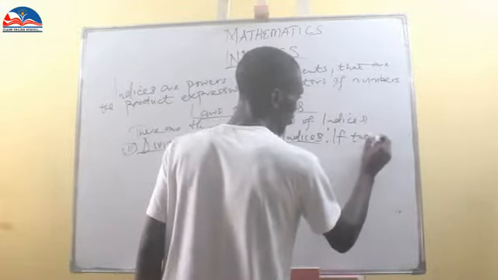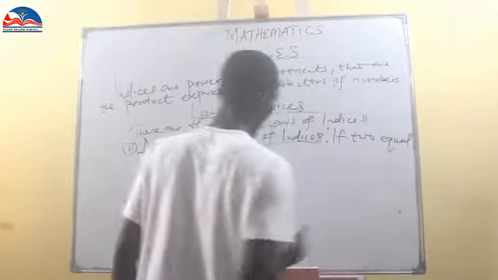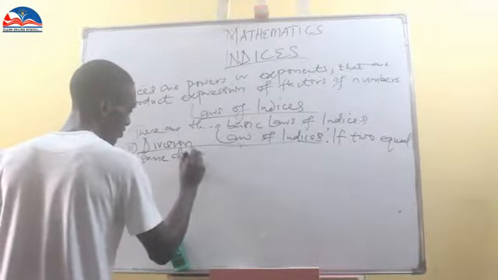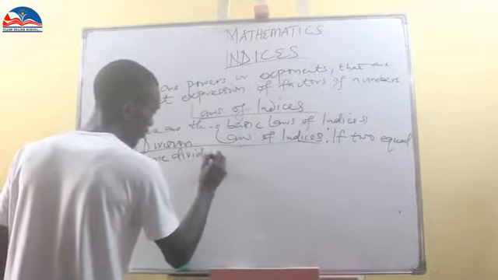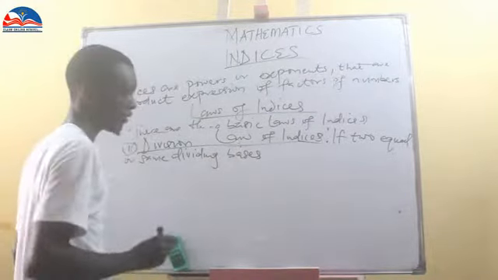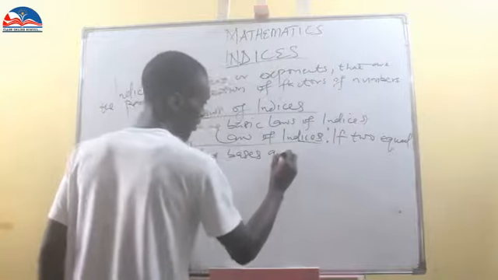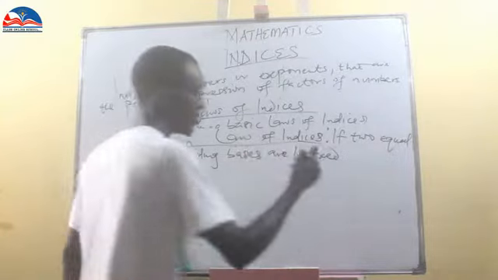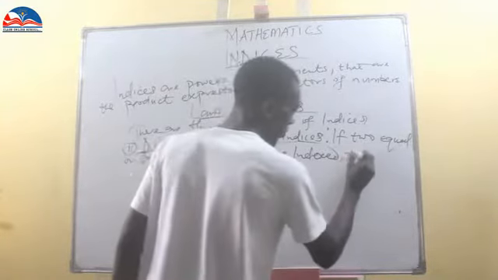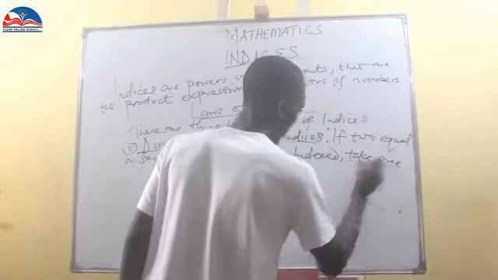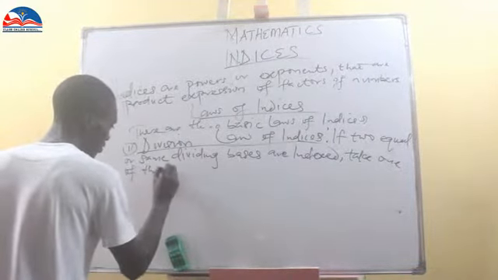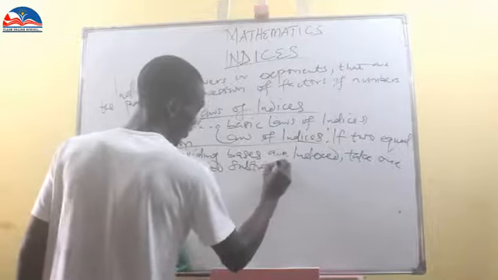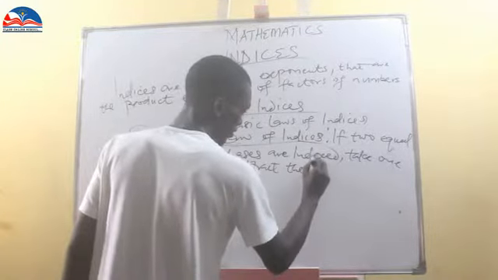That if two equal or same dividing bases are indexed, that is powered, take one of the base and subtract the indices.